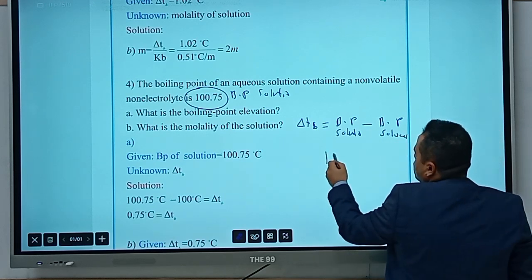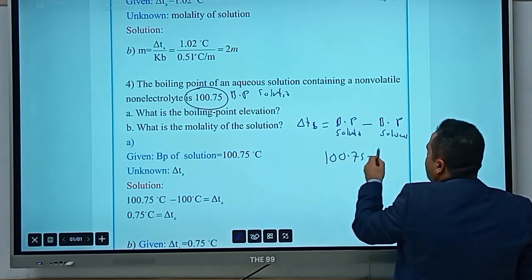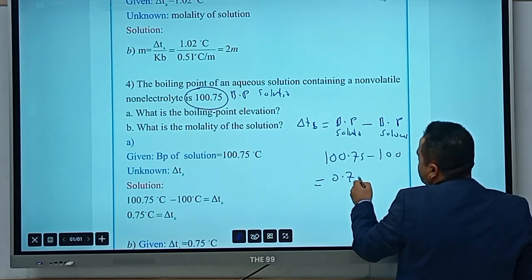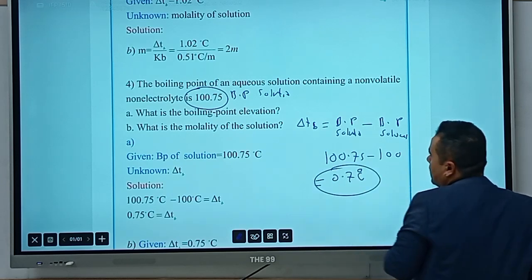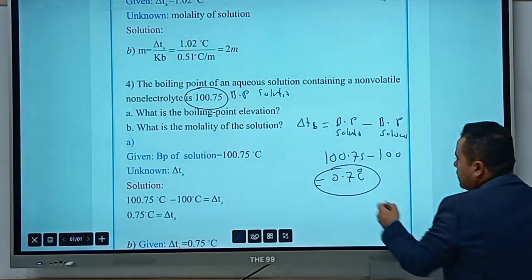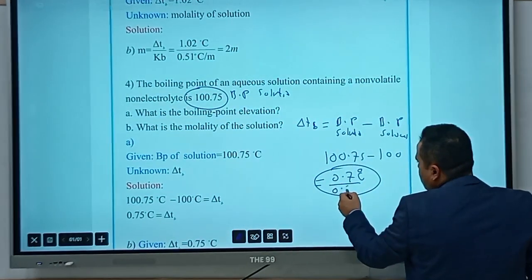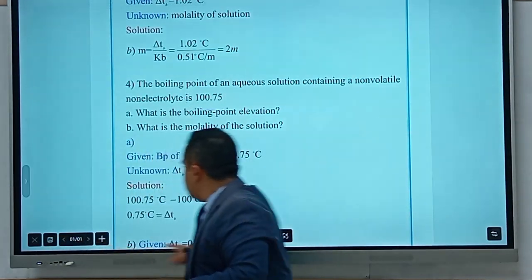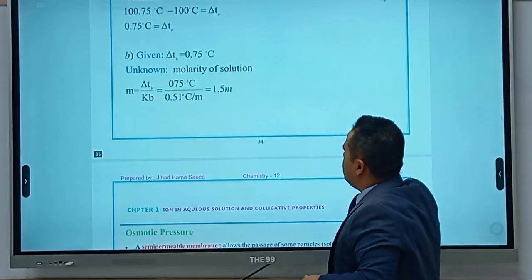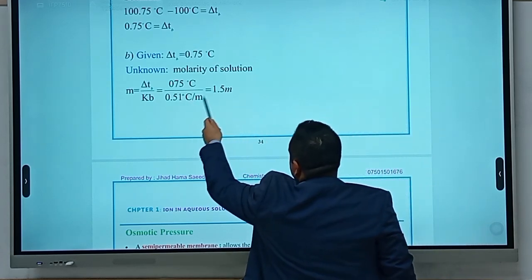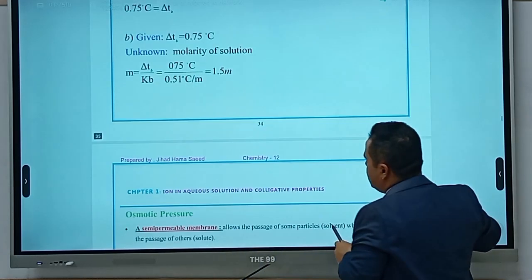The boiling point of the solution is 100.75 minus 100, so you'll get 0.75 Celsius. This is delta TB. What's the molality of the solution? Divide the delta TB by Kb, 0.51, and 1.5 molality is the answer.